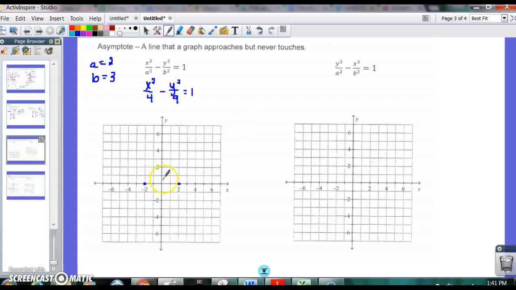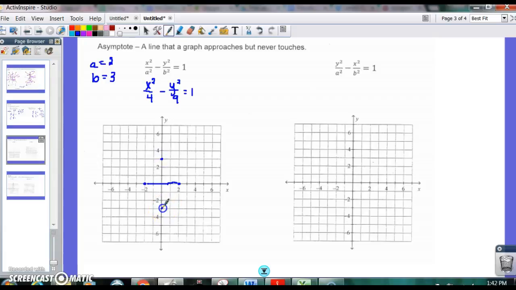Now, here's where the b value comes into play. You are always going to count from your center along the axis that is perpendicular to your transverse axis. Here's my transverse axis. So perpendicular to that would be my y-axis.